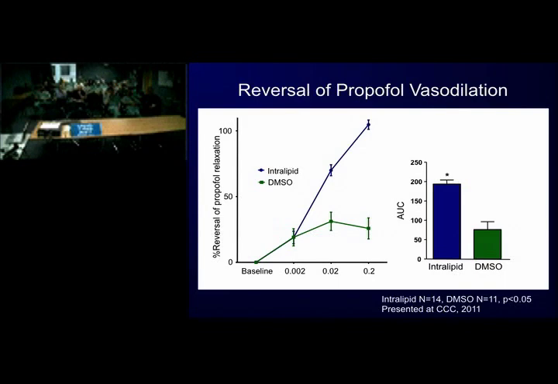The reason I did DMSO is because DMSO is also a substance that readily solubilizes propofol. So looking at the lipid sink theory, if that truly is what's happening, then giving DMSO should theoretically reverse that relaxation as well. But that's not quite what you see here, because there's a significant increase in reversal of relaxation in the Intralipid group compared to the DMSO group.